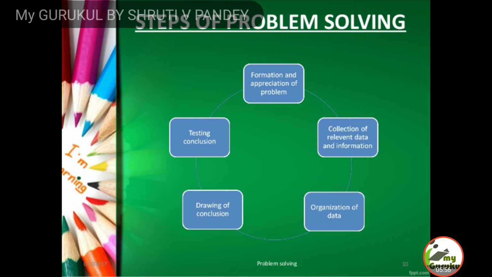Step 4: decision making concerning the most suitable alternative. Step 5: application of the decided alternative. Step 6: feedback and follow up after the application of the decision. Step 7: rectification and repair work.